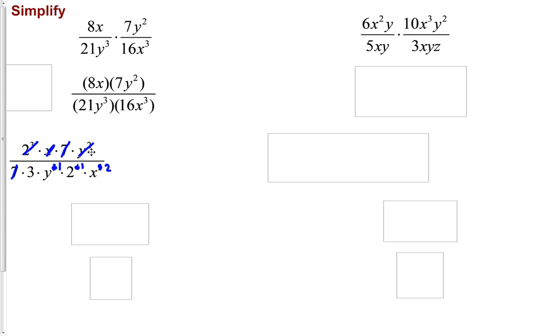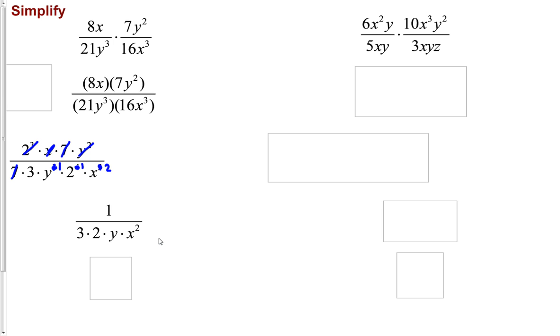And in our numerator, since everything got canceled out, it's not a 0 up there, because remember we're dividing. So it's going to be just a 1 that's going to be left up on top. So we have a 1 in our numerator, and then we have 3 times our 2 to the first power, so just 2, times our y to the first power, just y, times our x squared.